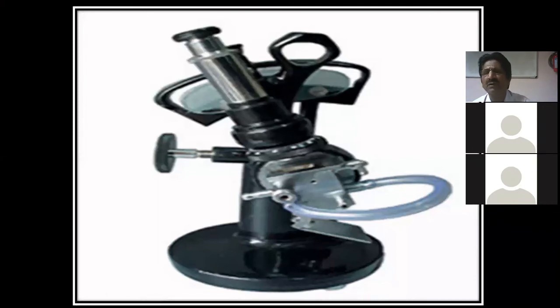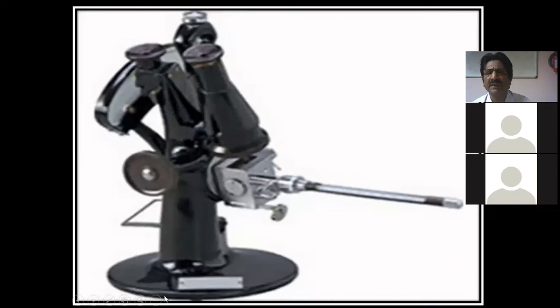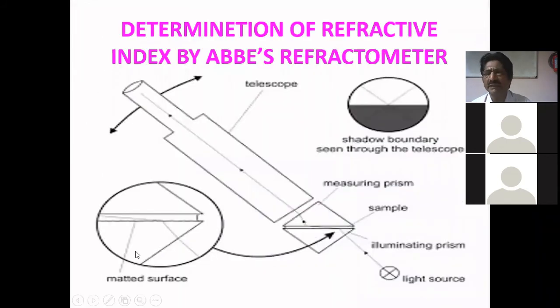This is one side of the image, and this is another side of the Abbe refractometer. There are different types of refractometers; here we are using the Abbe, named after the scientist. Now, how does it work? This is the sketch diagram.